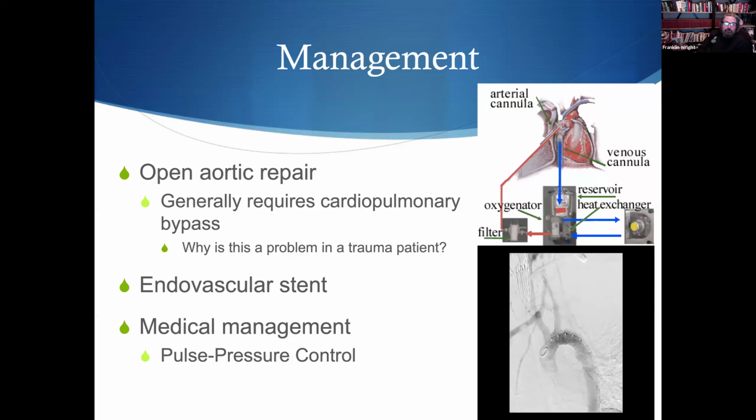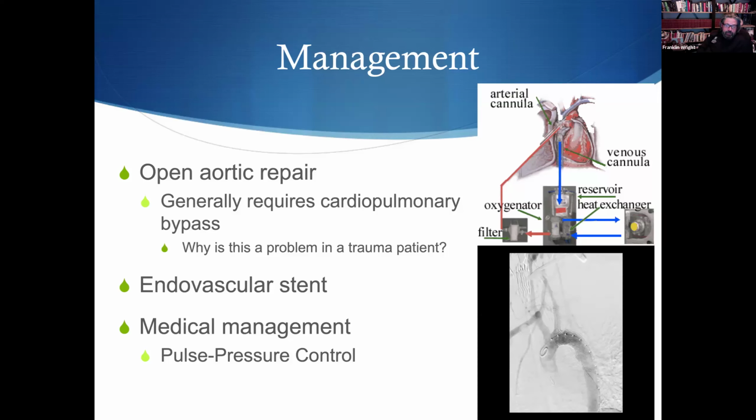And we can often temporize this with the pulse pressure control I mentioned. As long as we're not allowing their heart rate or blood pressure to shoot up, we are allowing their body time to keep this contained. We can even do this sometimes for days and do an endovascular repair in a more controlled fashion.